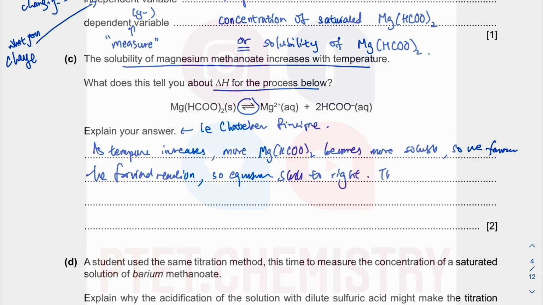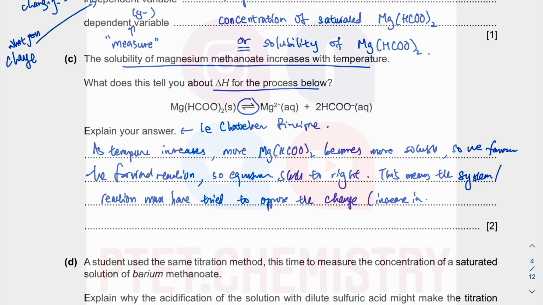So this means the system, or the reaction shown above, or the equilibrium, must have tried to oppose the change, which is the increase in temperature, and therefore it would have tried to oppose the change by decreasing temperature.